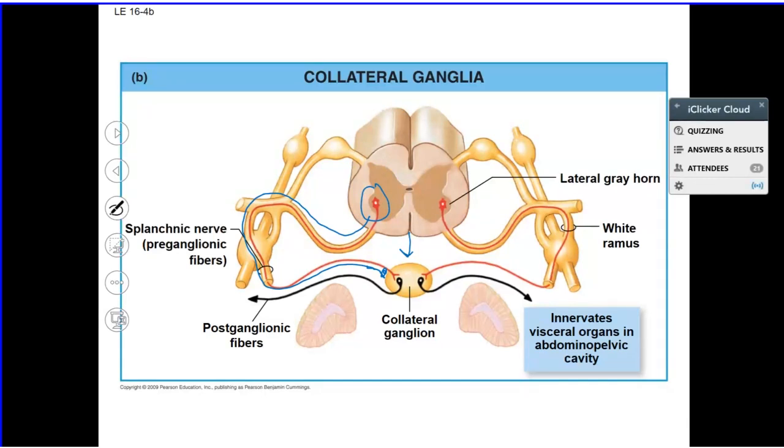Okay, the prevertebral ganglia is the pathway the neurons take when they go to your abdominopelvic cavity. So, organs such as your stomach, intestines, liver, kidneys, reproductive, urinary. So anything that's in your abdominopelvic cavity, this is the pathway that they take through the prevertebral ganglia.